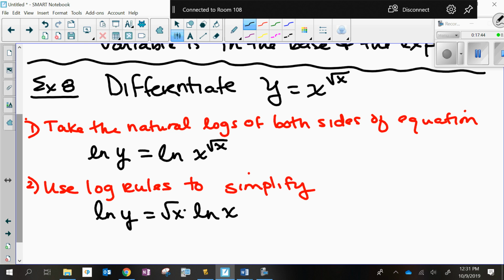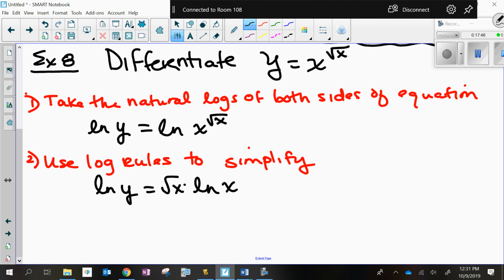Now, what do you think we should do next? We're trying to find the derivative. Differentiate both sides.